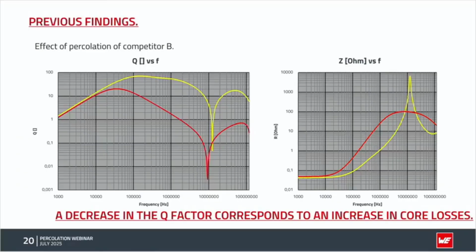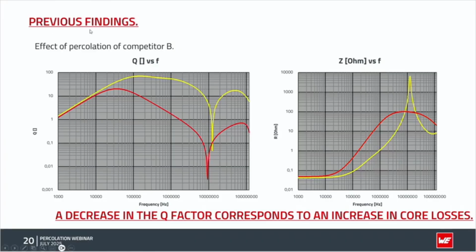That is why we cannot see the effect of percolation. In our case, it was because we normally do this kind of Q value curves before and after AEC-Q. That is how we found it, and you can find those results in the previous application notes.